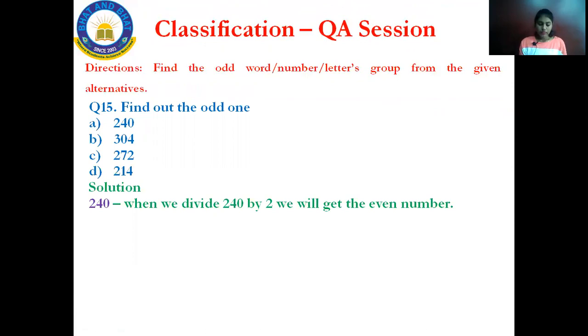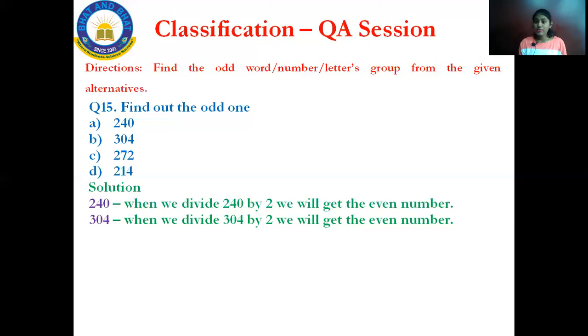When we divide 240, we will get the even number. And 304: if we divide 304 by 2, we will get the even number, that is 152.